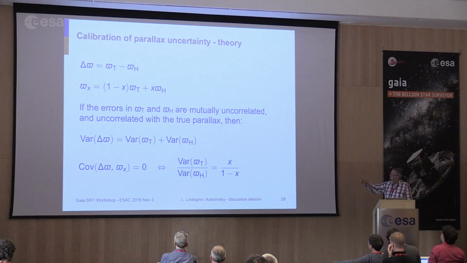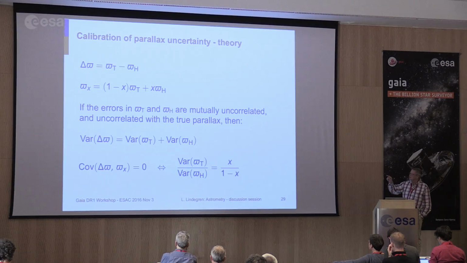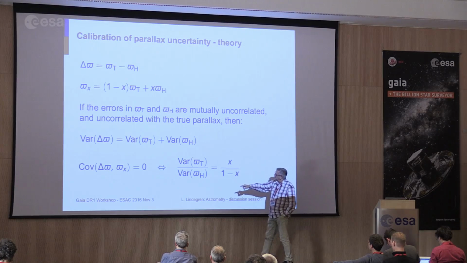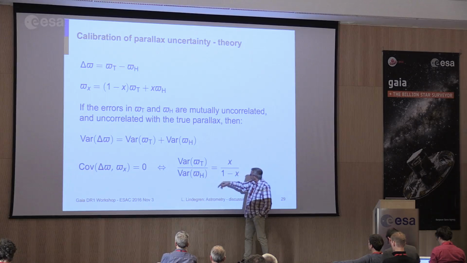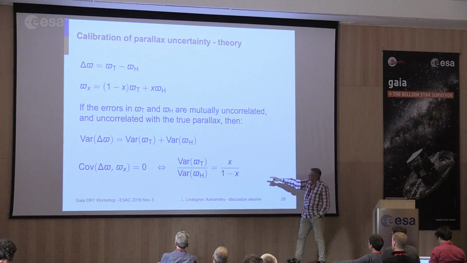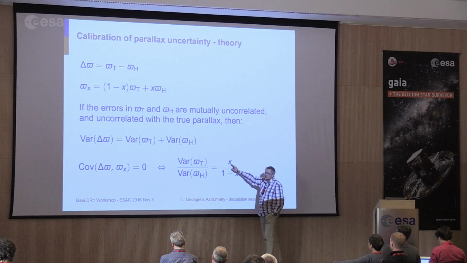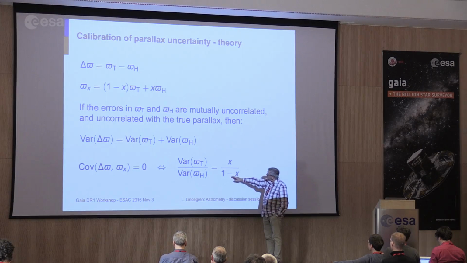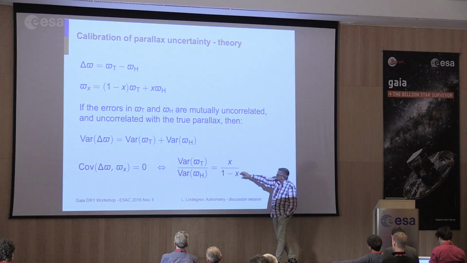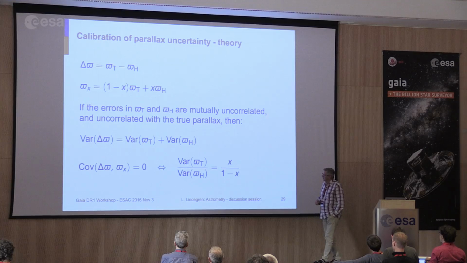But you can also easily show that the covariance between the difference and the mean value is 0 when the ratio of the variances is X to 1 over X. So if we determine that we get 0 correlation when X is 0.1, it means that the Hipparcos variance is 9 times larger than the Gaia variance on average. And that means that the sigmas in Hipparcos are 3 times larger.